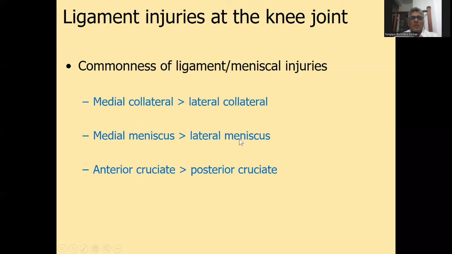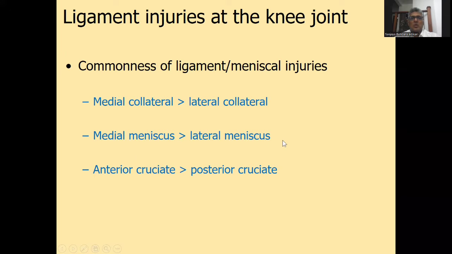Now, when the popliteus contracts, lateral meniscus also moves slightly. So when there's a sudden movement in the knee joint, popliteus contracts and pulls the lateral meniscus out of danger. That's what they say. And therefore, the injuries of lateral meniscus are less common than medial meniscus.